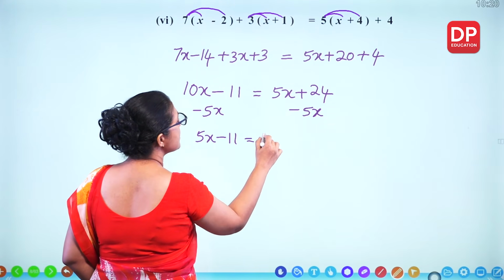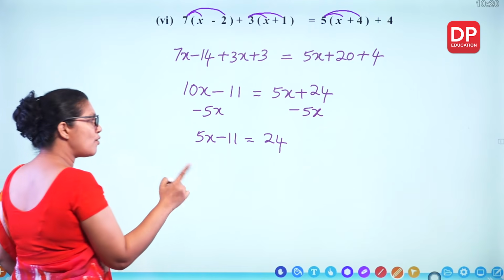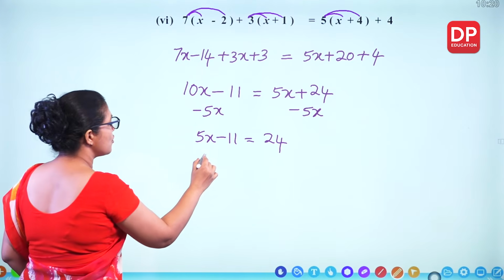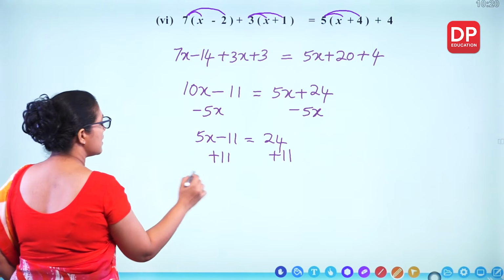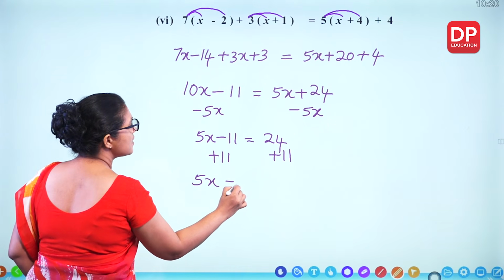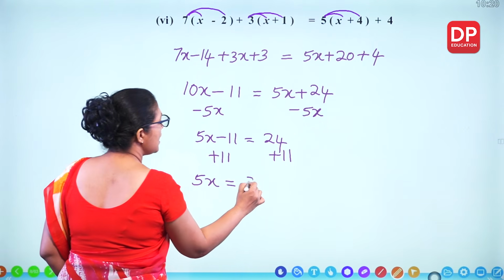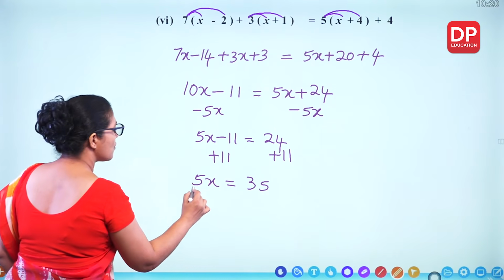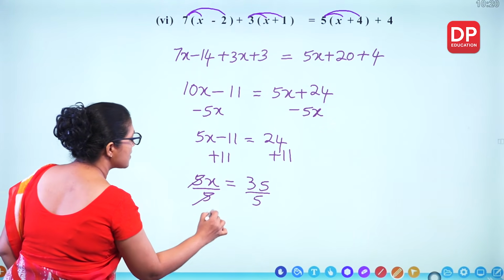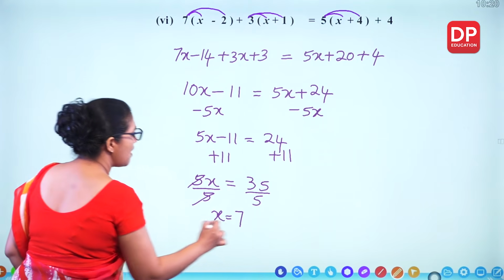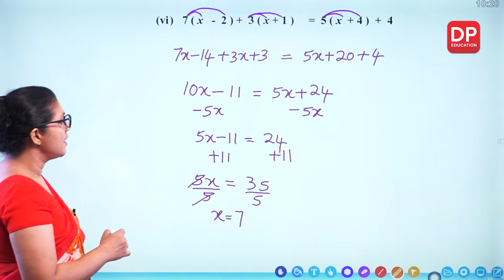Here 5x gets cancelled out, you get 24. Now you have to add 11 to both sides. So what you get? 5x equals 35. So what's x? You divide by 5, you get x equals 7. 35 divided by 5.